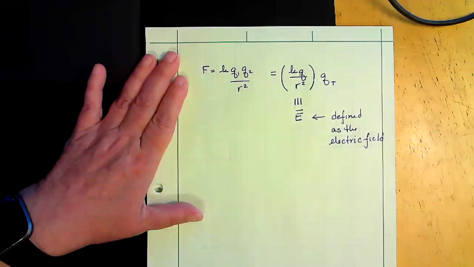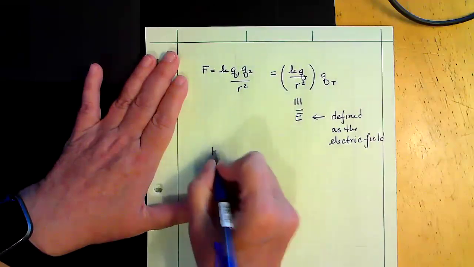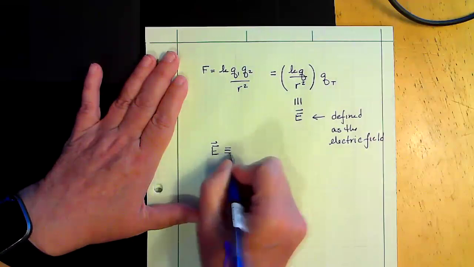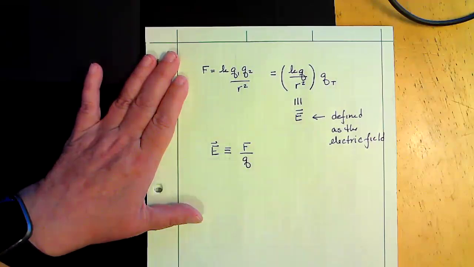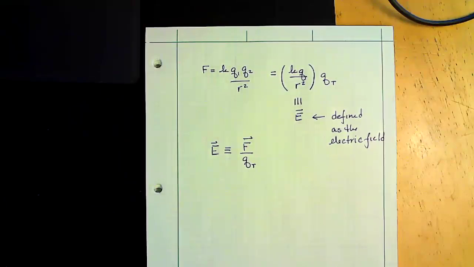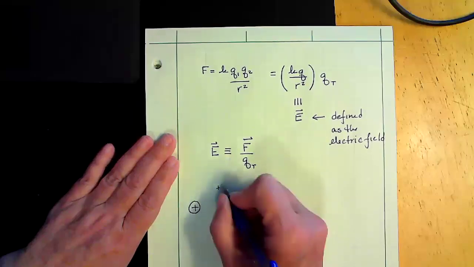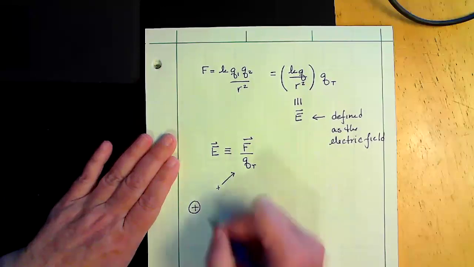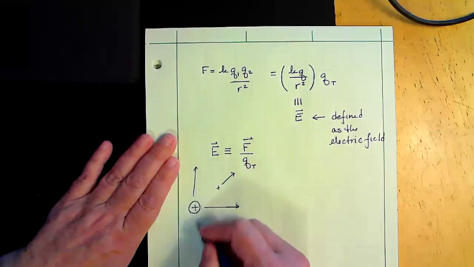Now, when you're in your textbook, that's not how we actually do it. We actually do it this way. We say that E, our electric field, is defined as our force divided by our test charge. So my electric field gives me the directionality of the force. If I have my positive charge and my positive test charge, this is going to want to move away, and my electric field is also moving away from my positive charge.